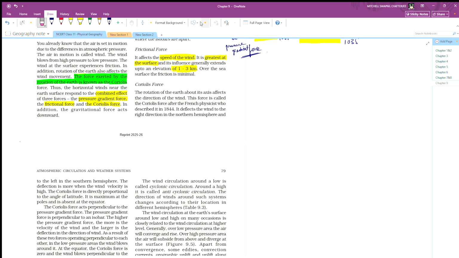Imagine this is Earth, and imagine this is the atmosphere around the Earth.